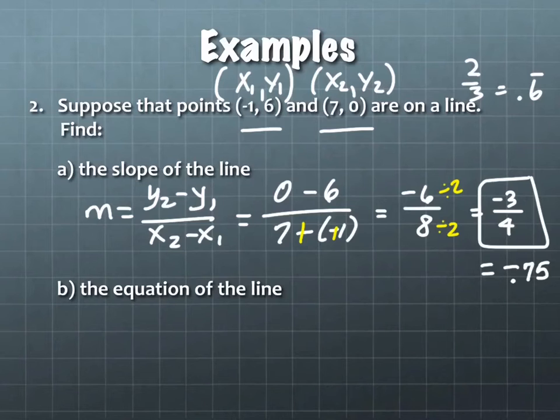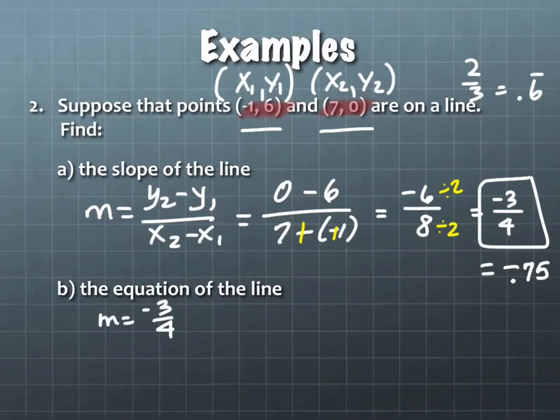So now we have a slope, -3/4, and we have 2 points. How many points do I need? How many points do I need if I have the slope already? Just one. So you get to pick whichever one's your favorite. So looking at these 2 points, my contenders up here, which one's your favorite?